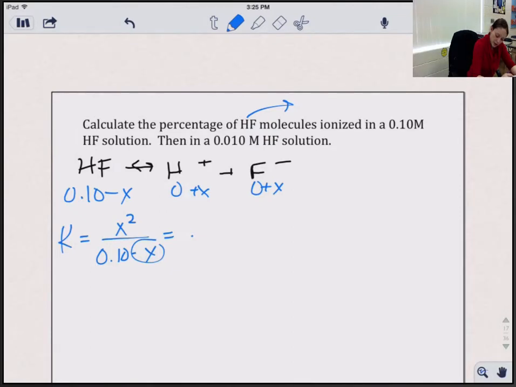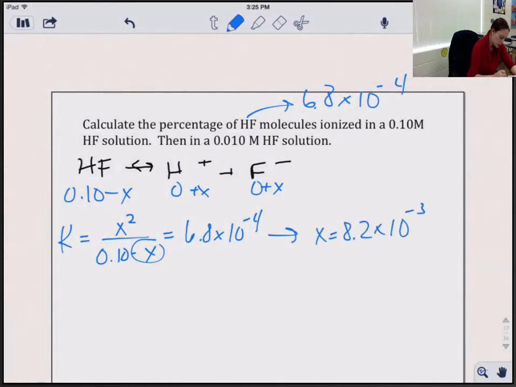The Ka for this is 6.8 times 10 to the negative fourth. Multiply that by 0.1, take the square root. My X is equal to 8.2 times 10 to the negative third.